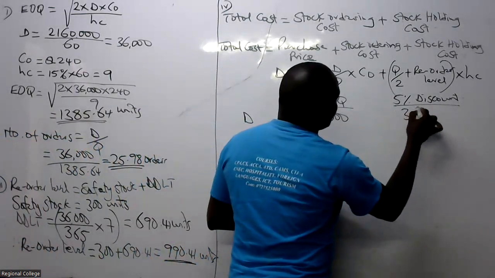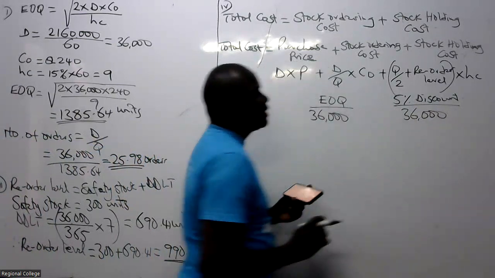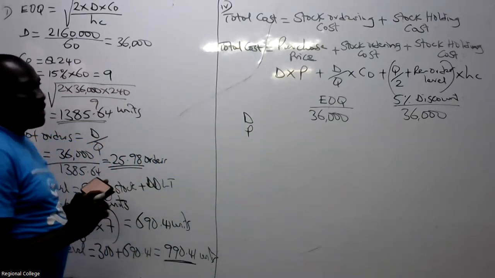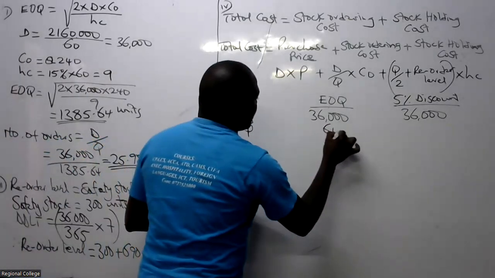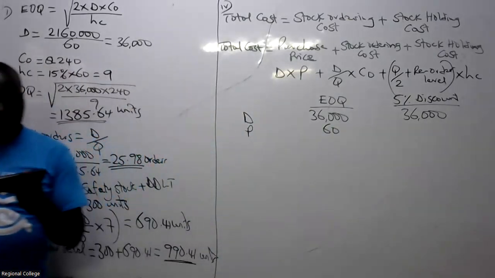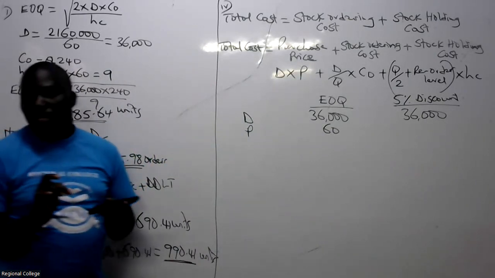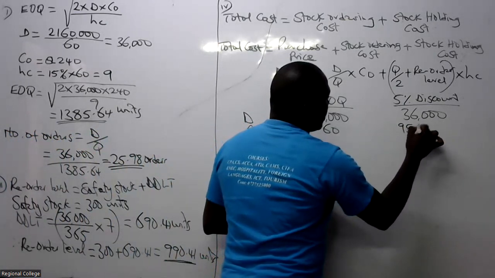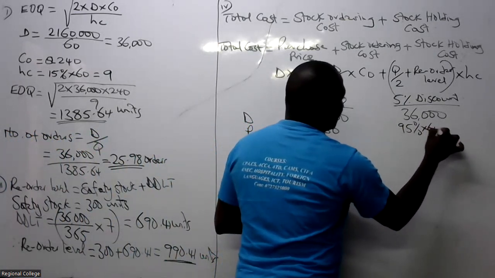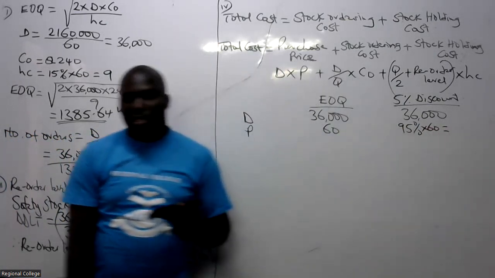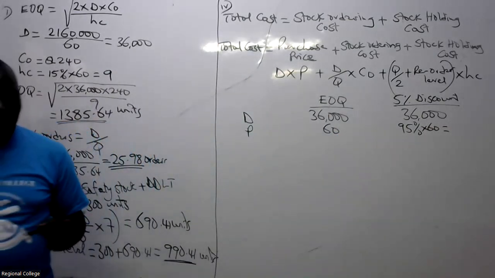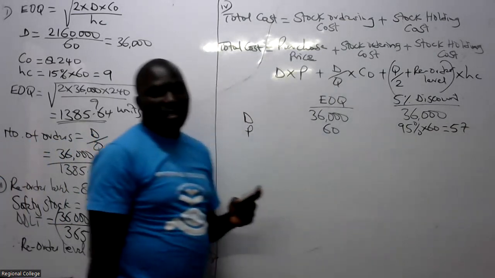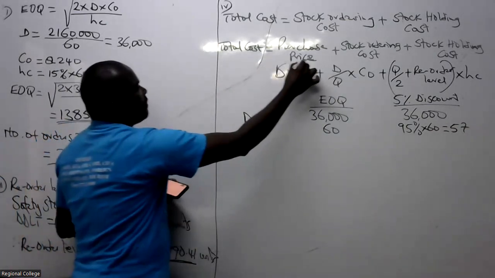If you're going to bring in the discount for the whole year, we need that 36,000. How much is our price? Under EOQ it is 60. When I discount 5%, the purchase price of the product is 57.